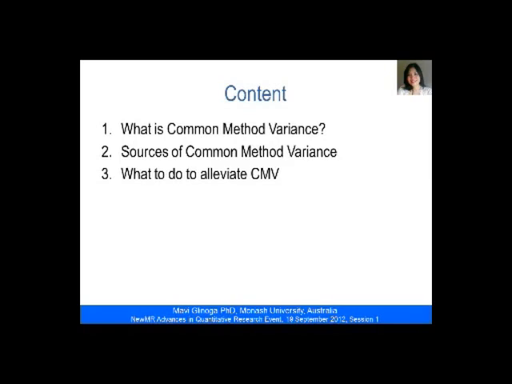Before I start talking about what is common method variance, I just want to talk to you about how it is linked to bias, what I mean by bias, and why it is so important for us to reduce or minimize it. As Ray mentioned earlier, we can't remove it. It's always going to be there, but we can do a lot of things to reduce it in terms of the way we design our questionnaires.